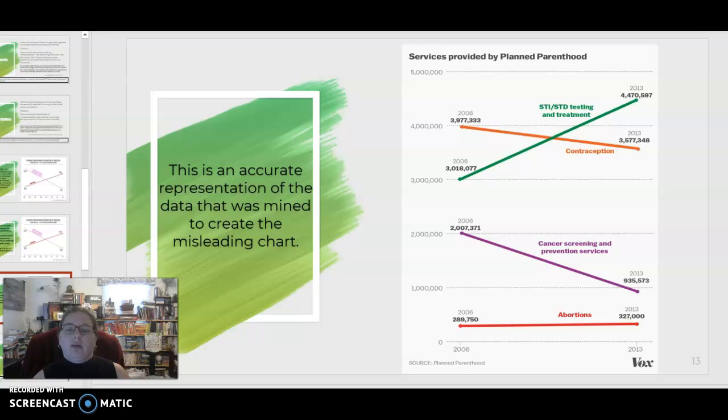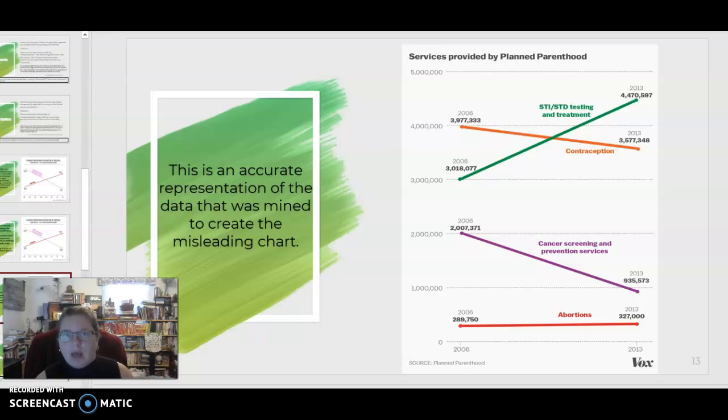So this is the accurate chart of those same numbers. And you can see on this chart that while, yes, cancer screening and prevention did drop over that period of time, if you look at the axis of the numbers and the way that they're represented accurately, you'll see that abortions really barely increased at all, and also that abortions are the smallest percentage of all of the services that Planned Parenthood offers.